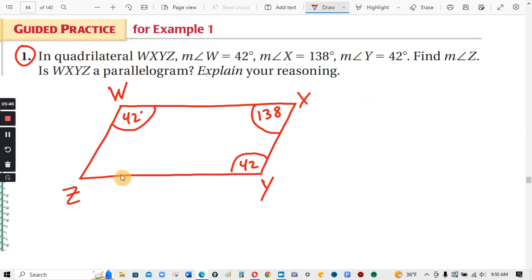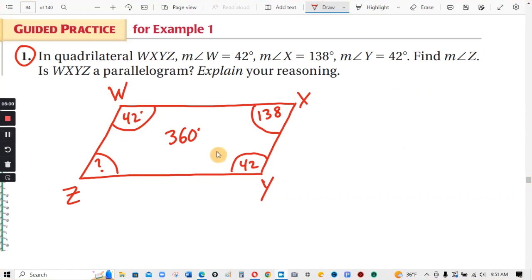And they want you to find angle Z, and they ask if it's a parallelogram. I'll give you a hint. The angles inside of a quadrilateral add up to 360. So see if you can find the missing angle and prove it's a parallelogram.